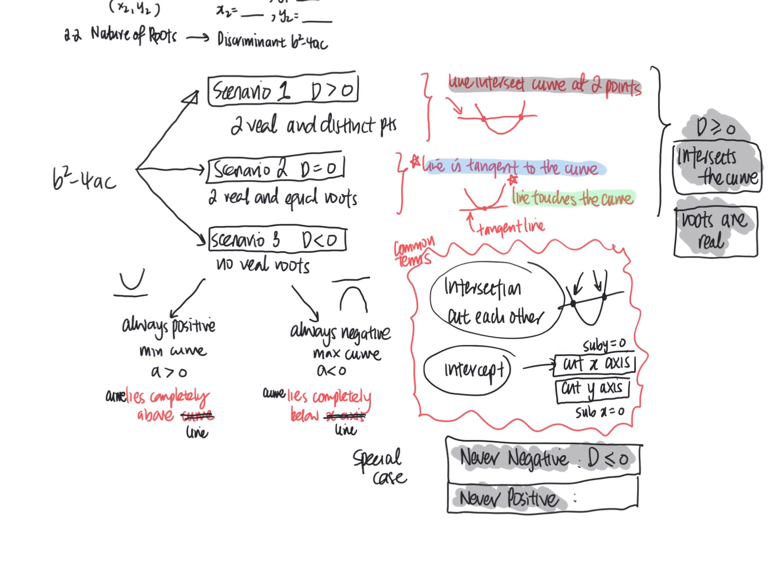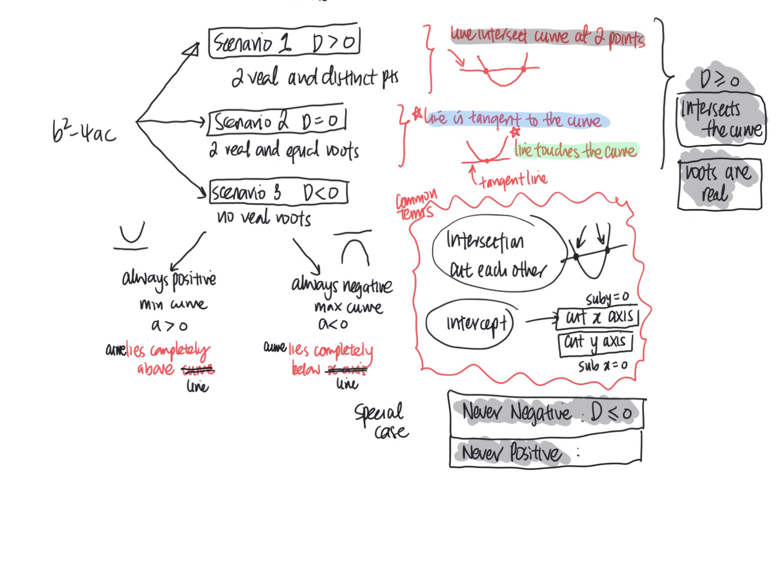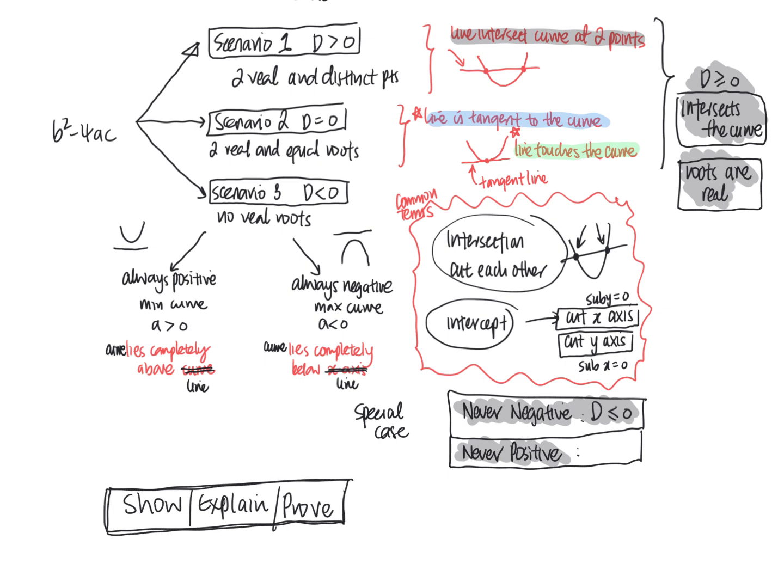If you ask me, I think this is the part that scares most of you. But there is another scenario where most of you will always lose marks, which is the one where they ask you to show, explain, or prove. So when you are in this situation, you need to look at the question and decide what it is that you need to do.